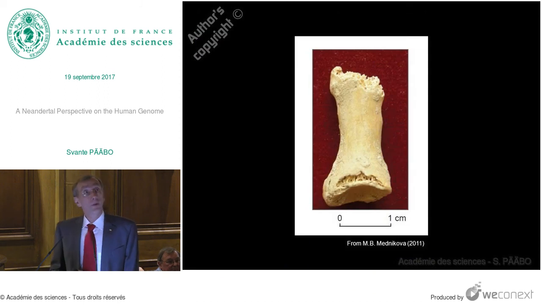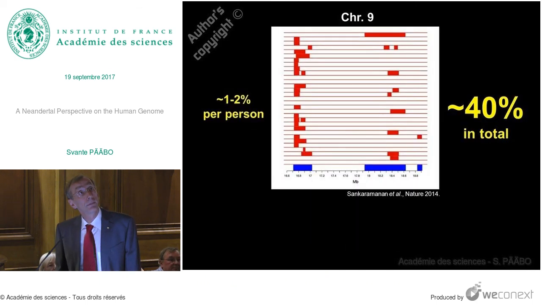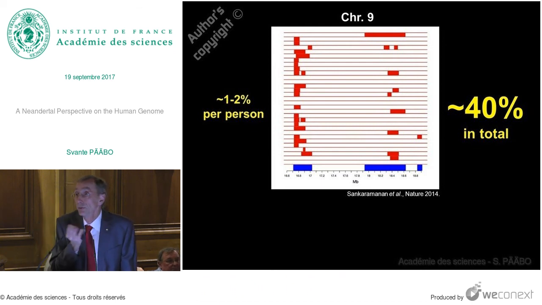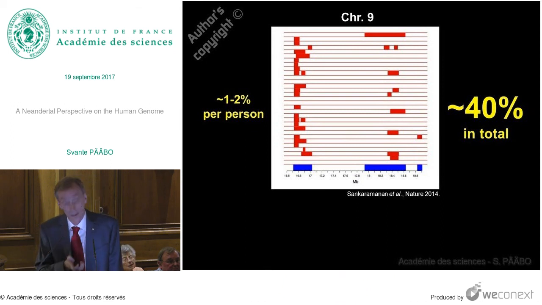And they found there in 2010 a toe bone. It's a phalanx of a big toe that turned out to come from a Neanderthal. And from this bone, we managed to reconstruct a very high-quality Neanderthal genome, of equally high quality as you would determine the genome sequence from a person today.